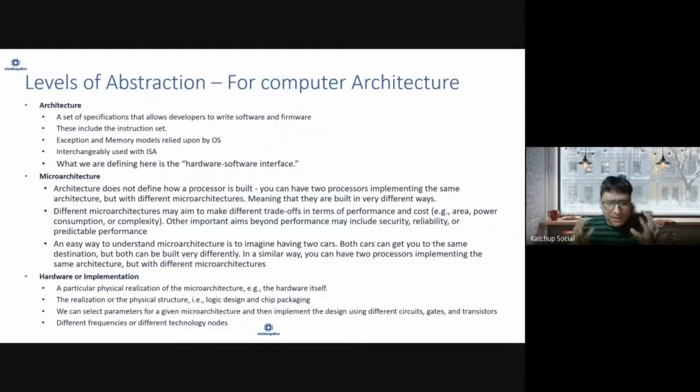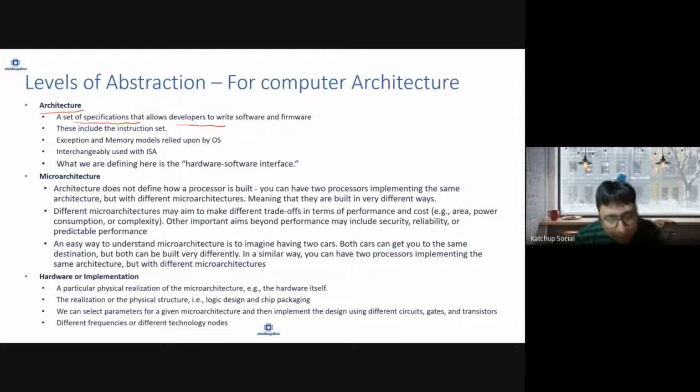So for computer architecture, it's important to understand the levels of abstraction we deal with. The first level of abstraction is what we call architecture. Architecture is a set of specifications that allows developers to write software, firmware, and hardware.